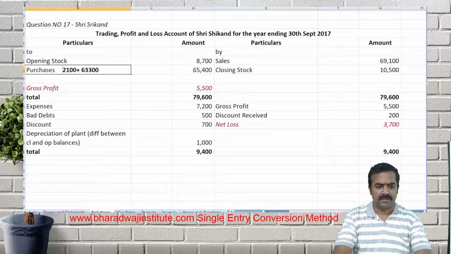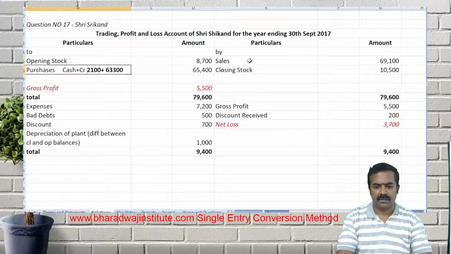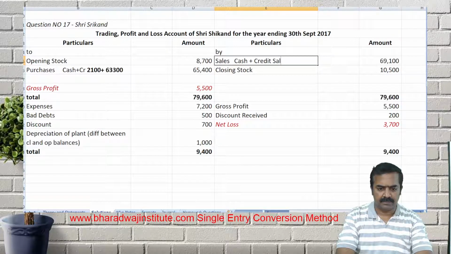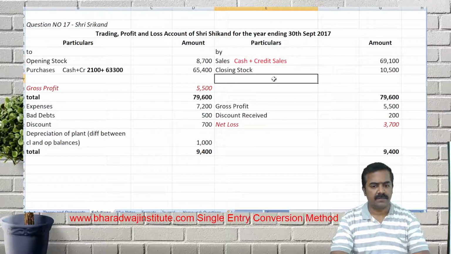Cash plus credit. So net loss 3,000, sir. Cash plus credit sales.